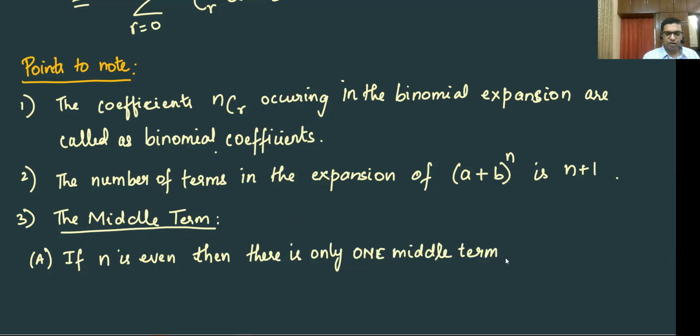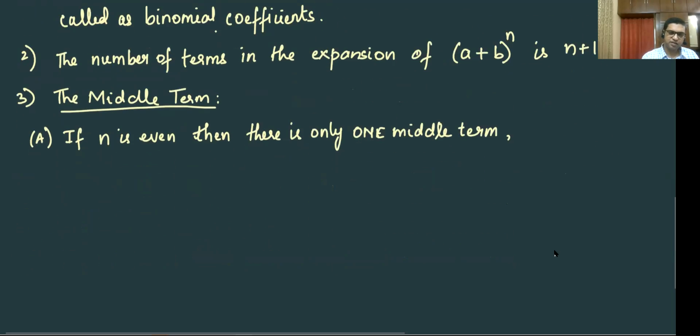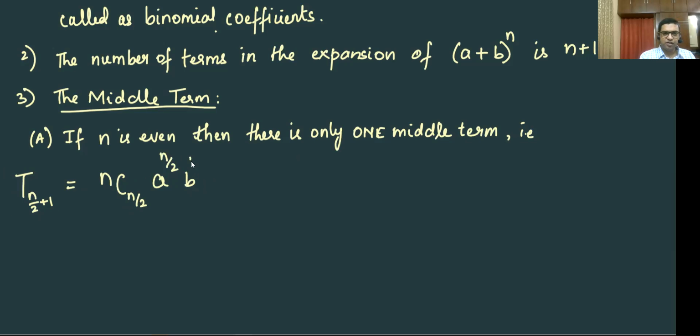Actually, term number n by 2 plus 1 will be the middle term. It will be a power n by 2, b power n by 2. This is the middle term.